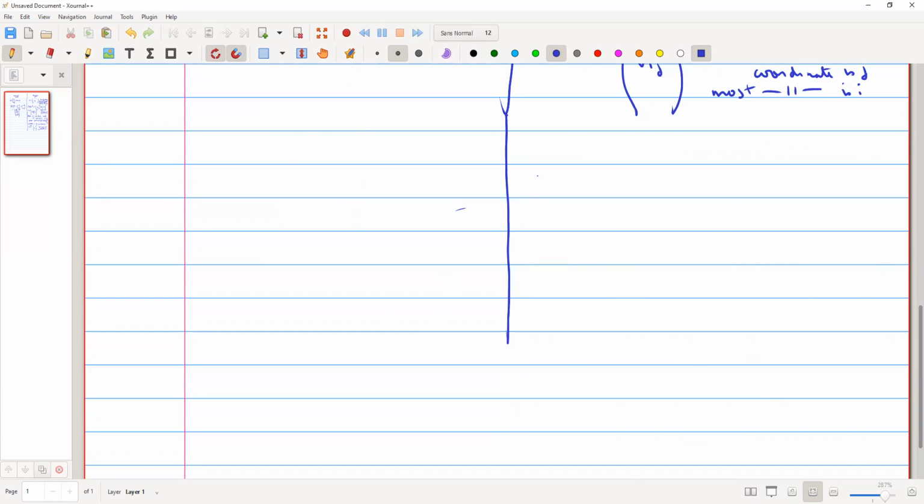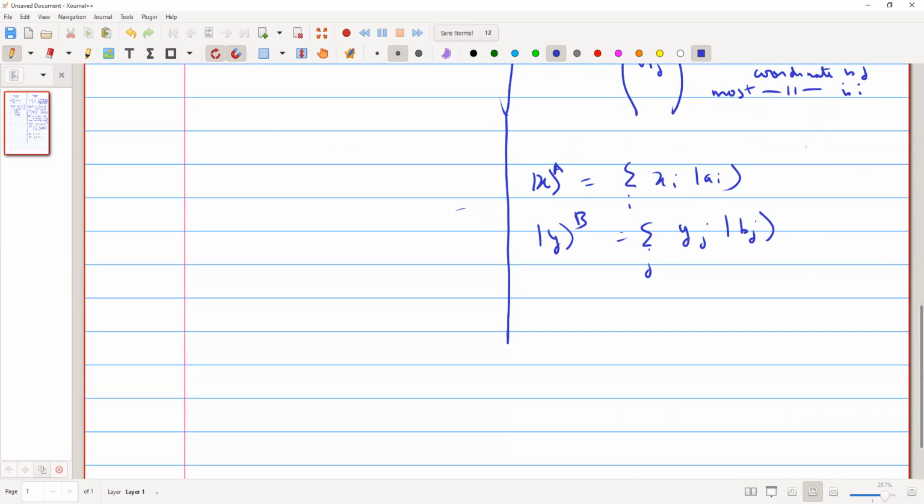So let us say I take a vector x a. So this is summation i xi ai, and y b, which is summation j yj bj.